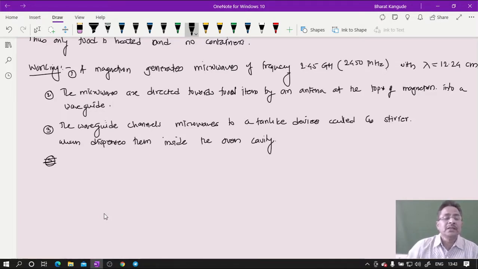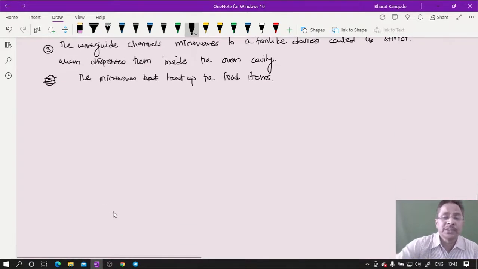And then the microwaves heat up the food items. Okay, and a particular temperature of 70, 80, 90 degrees we can set, depending upon the food items.